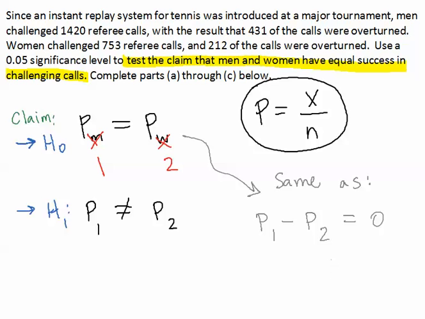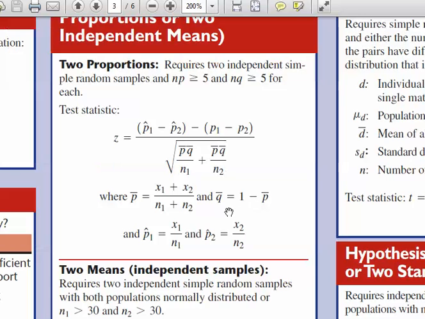Just keep that in mind, because sometimes that's the way it's worded, or that's the way we need to word it in our mind. Anyhow, we may be assuming that, but this number we can actually calculate because we have the statistics. Okay, and then minus, and we're assuming they're equal, so that's going to be 0 here.